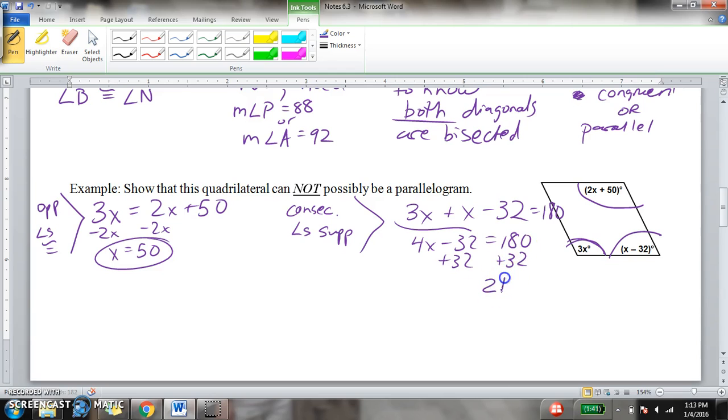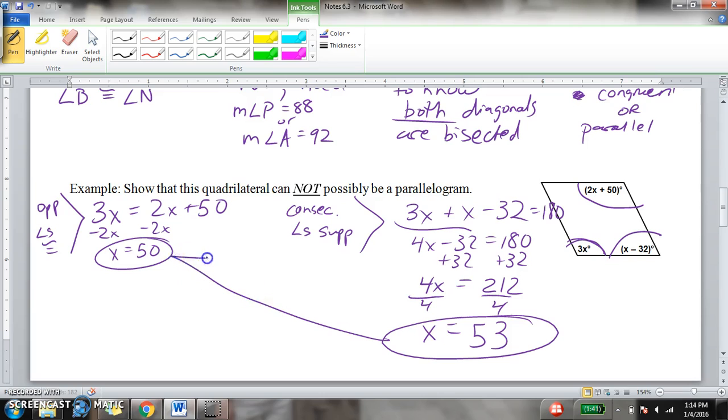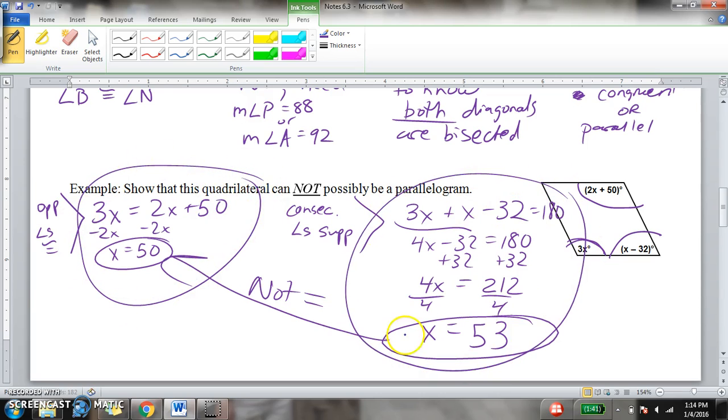This would be 212 equals 4x, and when I divide by 4, I would get x equals, let's see, 53, which is not the same as 50. So if I use one rule, I get one thing, and if I use the other rule, I get a different thing for x. So there's no way that this shape right here could be a parallelogram if I can't apply all of the different rules that we learned to it.